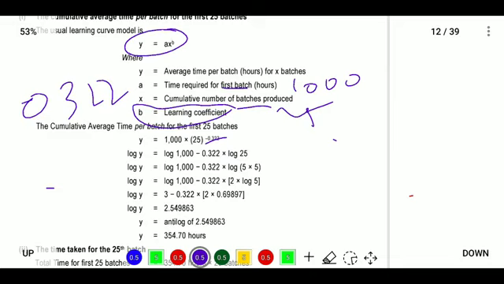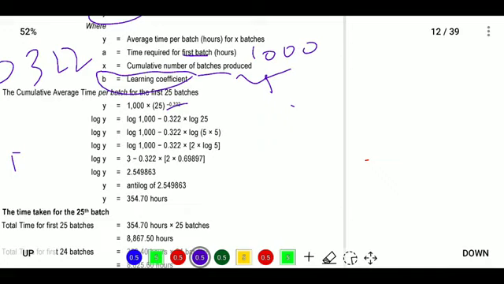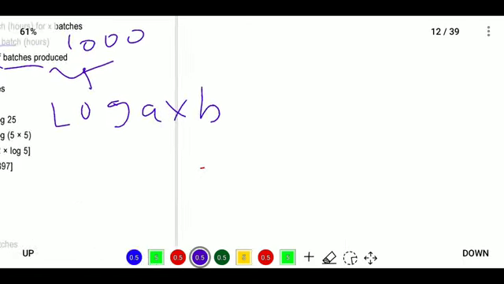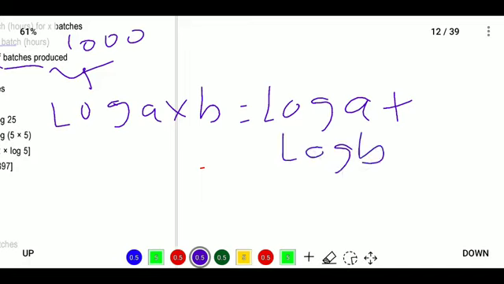Now we are applying log on both sides. When we have logs, we must know two things. What are these two things? Log of a into b is equal to log a plus log b. We will write it in the log way.